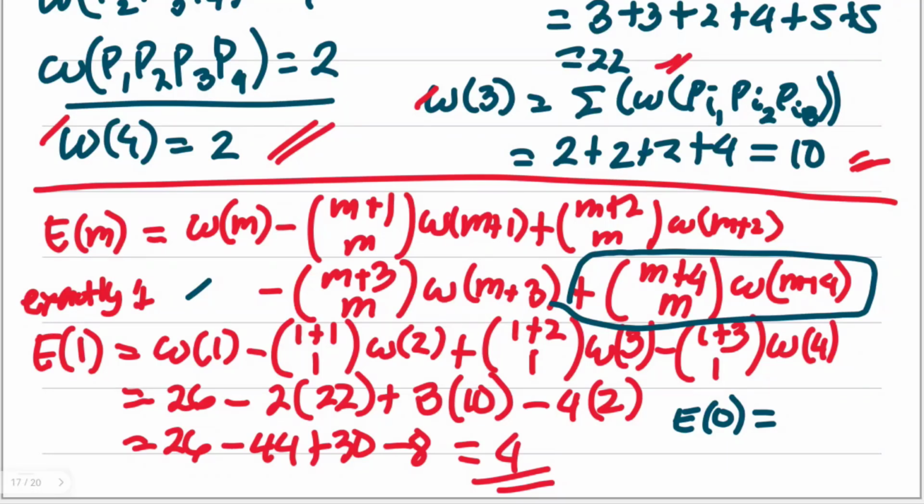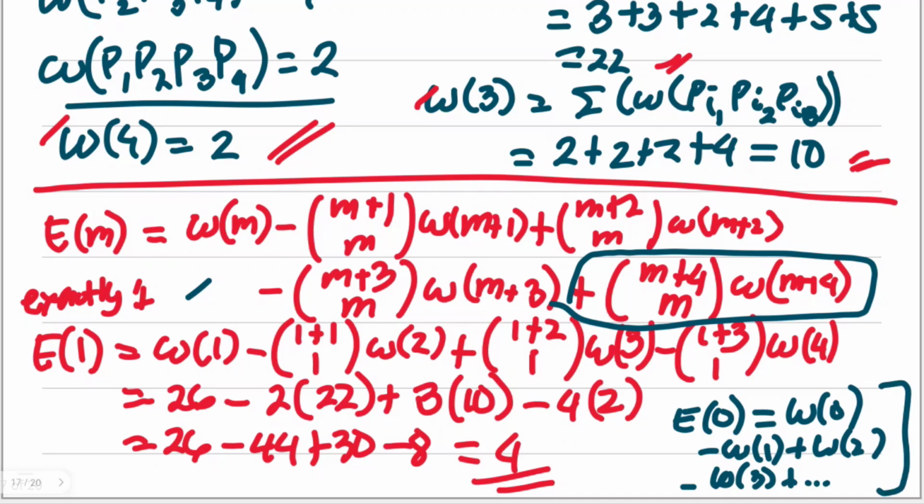So it will just be equal to omega of 0 minus omega of 1 plus omega of 2 minus omega of 3, and plus so on and so forth alternately. Okay? So this is the formula that may be used if what you're asked about is how many of those elements are not having any of the given properties.